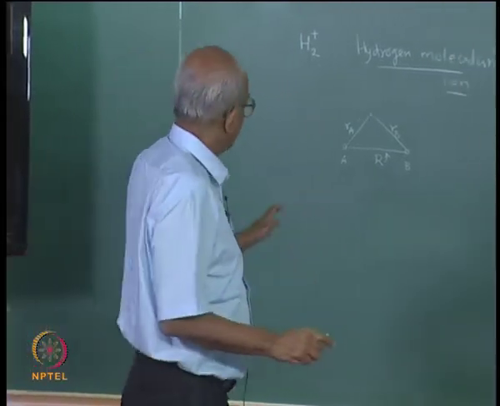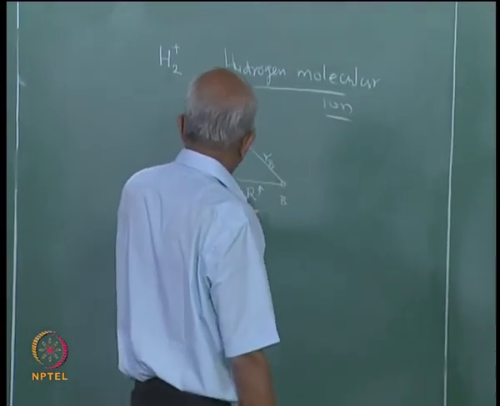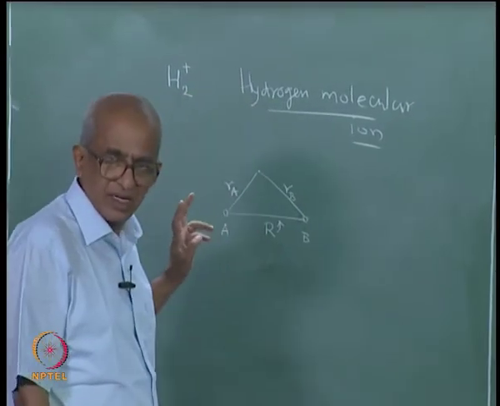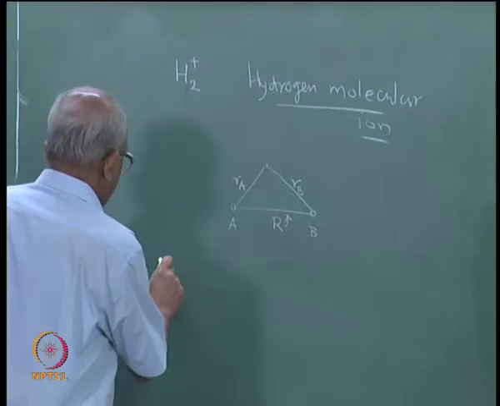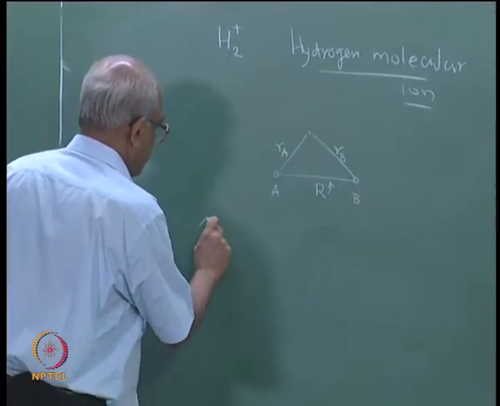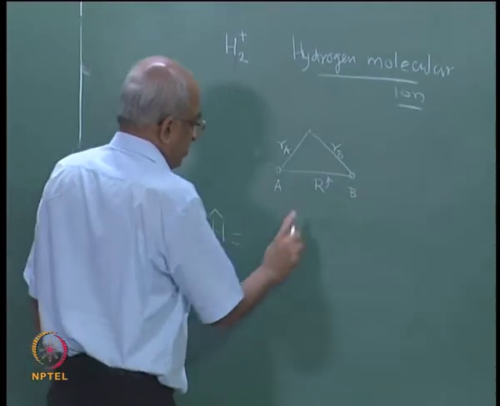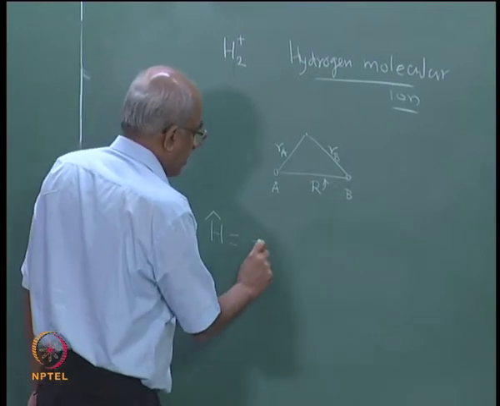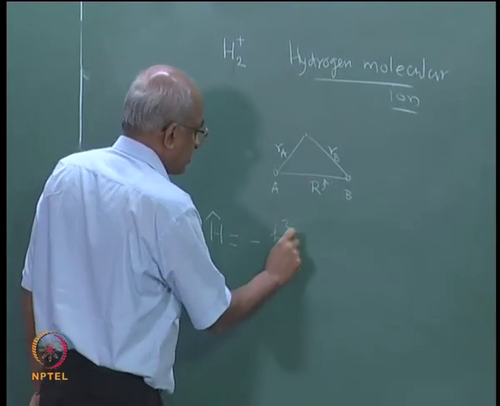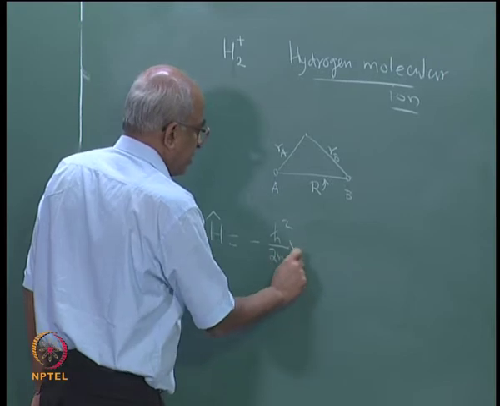So, at the moment I will say that, okay, the two nuclei are kept fixed, the distance between them is equal to capital R. So, therefore, if I was going to write the Hamiltonian, how would it look like? See, I am not thinking of nuclear motion, so I would have only minus h cross square by 2m del square.